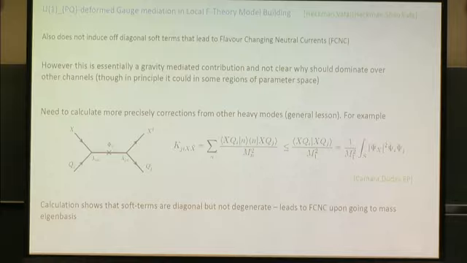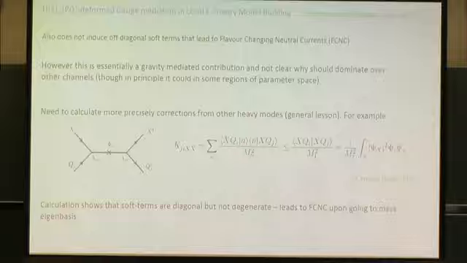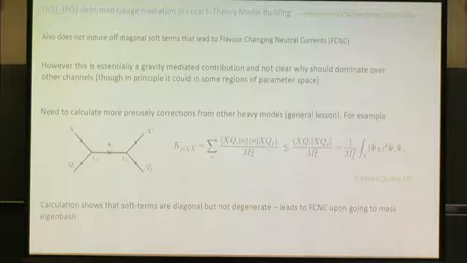And when you calculate the diagrams from them to the same operator, so before it was XX dagger, QQ dagger, now it's XQ, XQ, with some other massive mode mediators here, you find that this contribution is associated to some wave function overlap calculation, and you can do it, and then you can show that soft terms from these operators are diagonal but not degenerate.